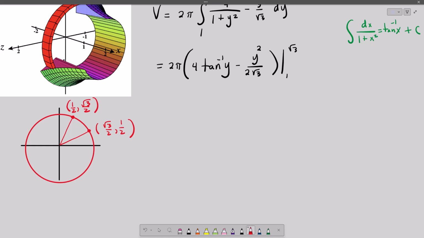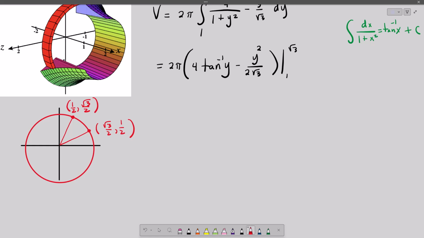Anytime you see an inverse trig function, inverse sine, inverse tangent, inverse cos, whatever, the first word that should come into your brain is angle. Inverse trig functions are angles. So when we plug in root 3 right there, inverse tangent of root 3 is the angle that has a tangent value of root 3.